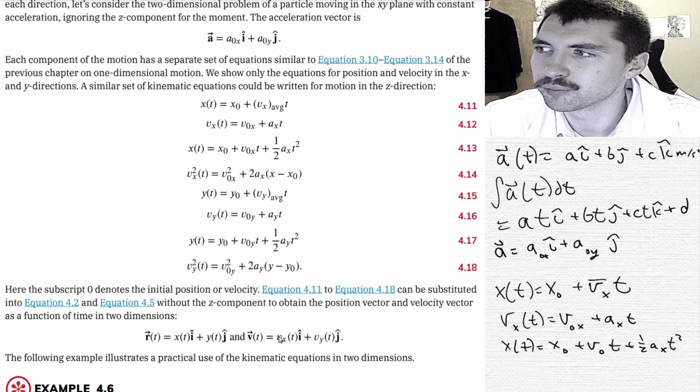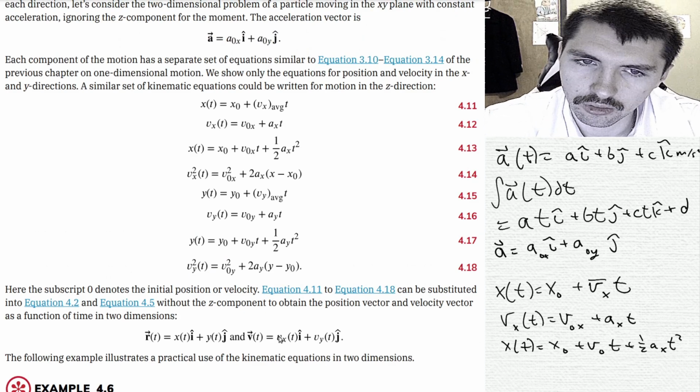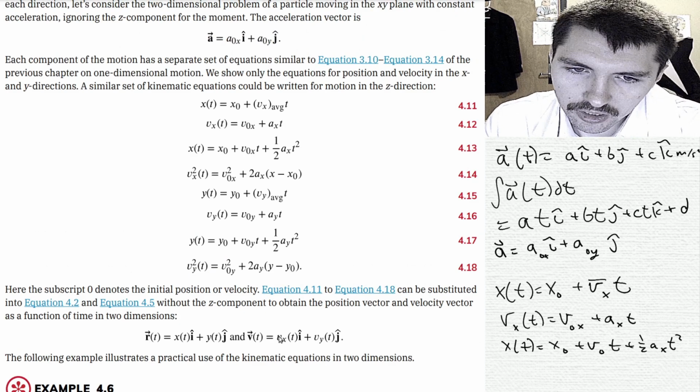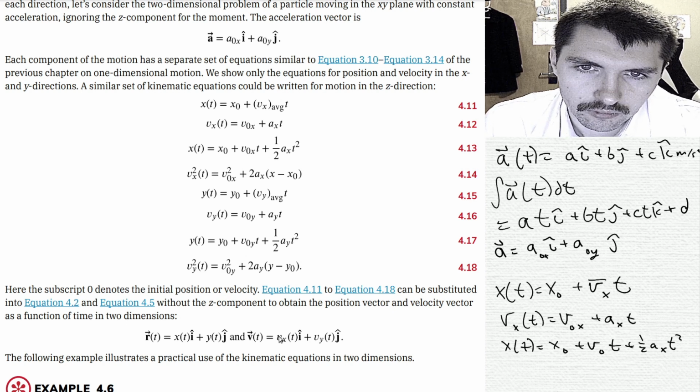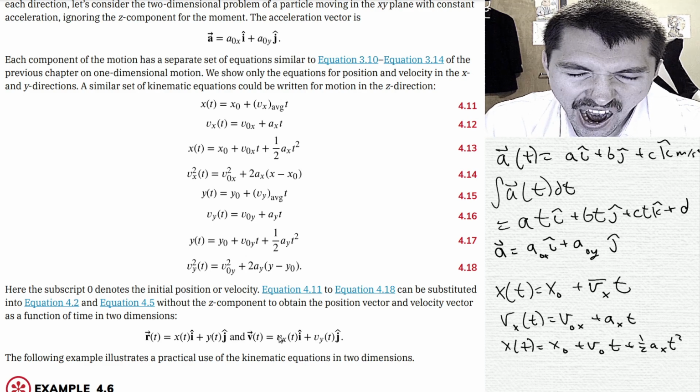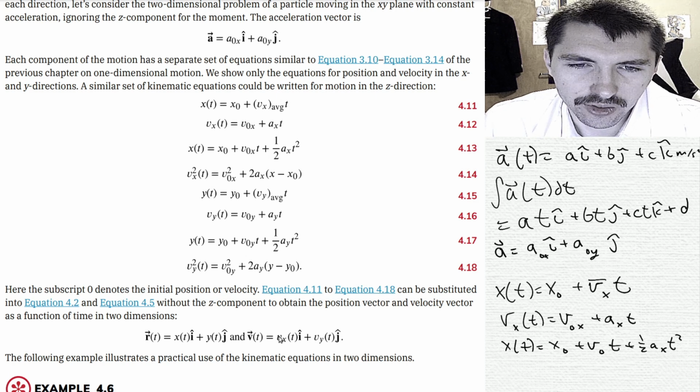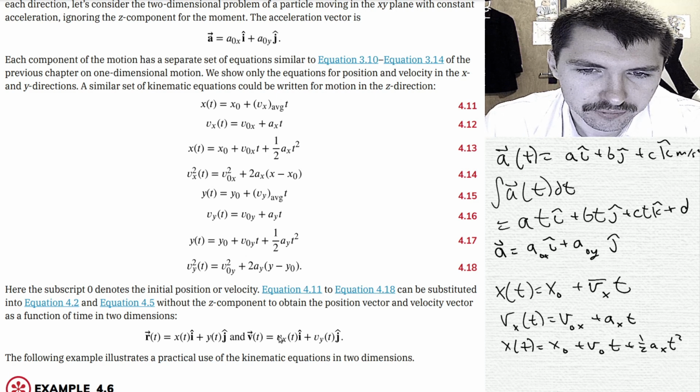I'm debating if I should put these in LaTeX form. I wish they would write the other set of equations for the Z direction, just to spell them out.